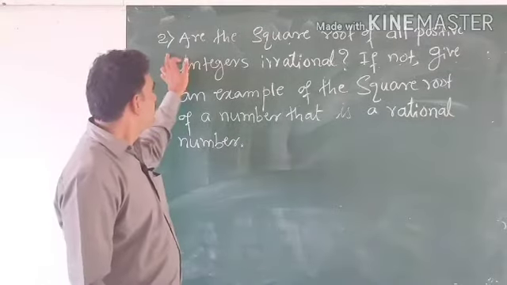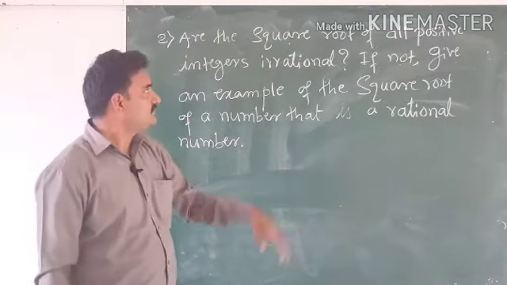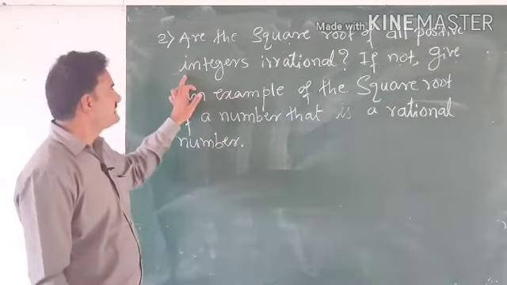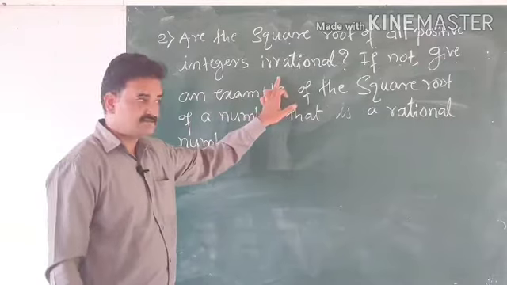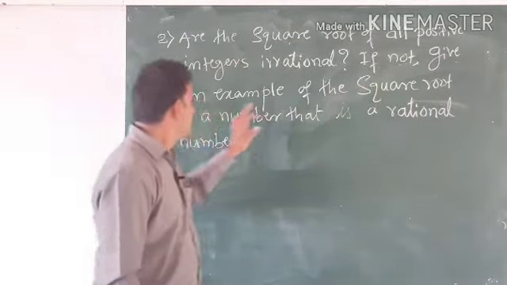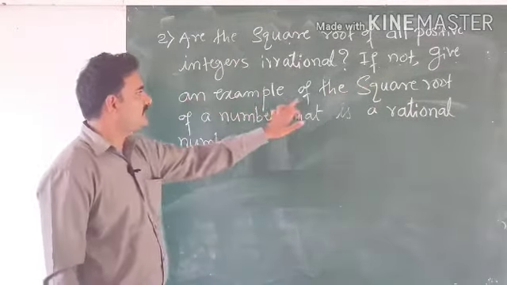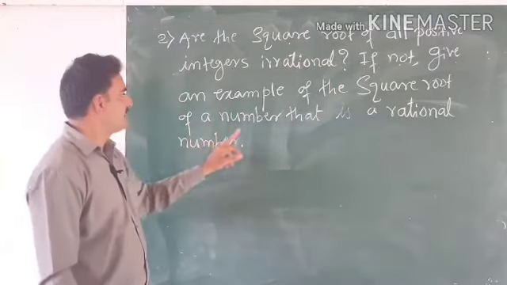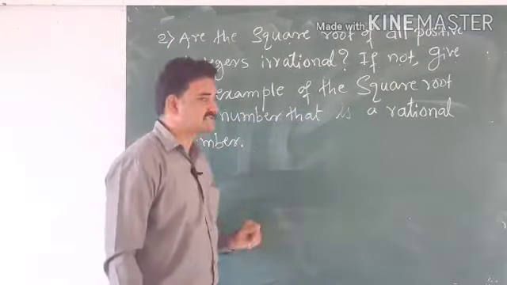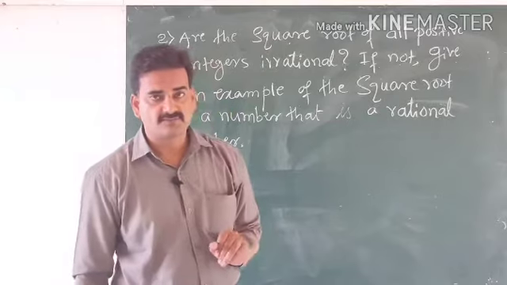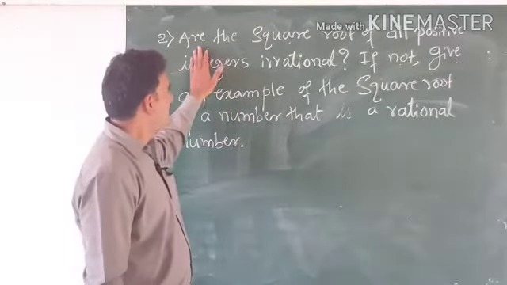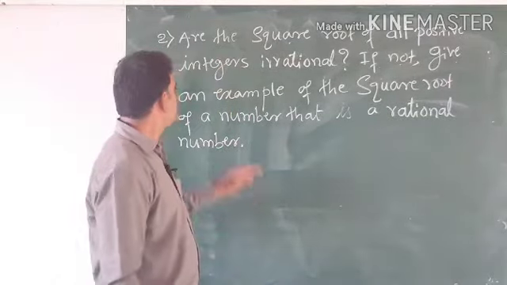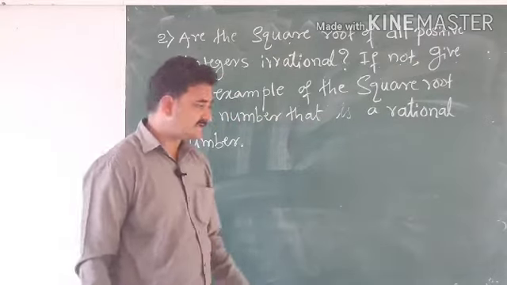Second bit: are the square roots of all positive integers irrational? If not, give an example of the square root of a number that is a rational number. The second one. What is that? Are the square roots of all positive integers irrational?